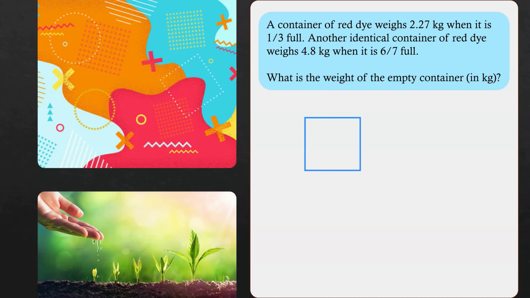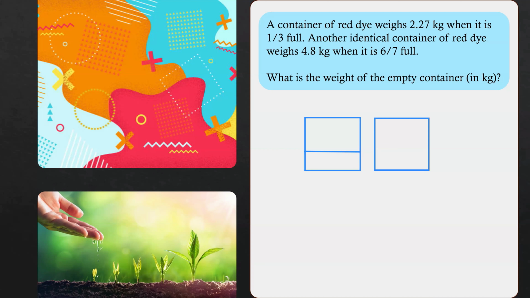So let's do one, and we'll do another. Now they're supposed to be identical. Okay. The first container is a third full, so we are going to have to indicate that. Roughly a third, so I'm going to just draw the line here. That gives me a third.